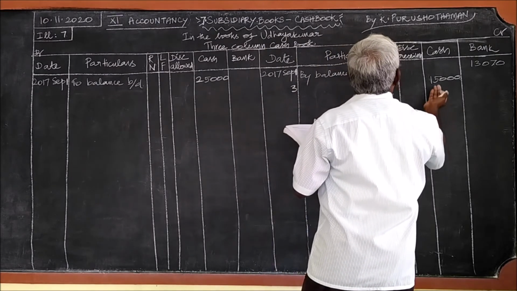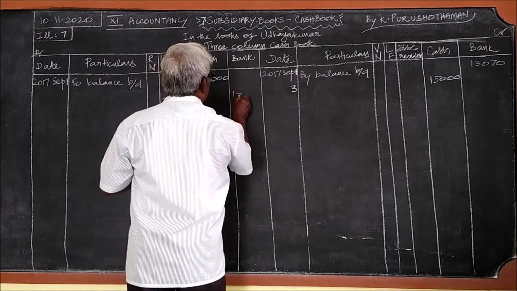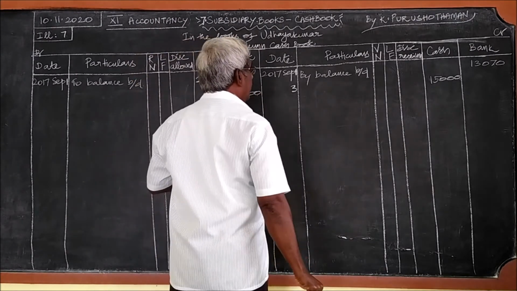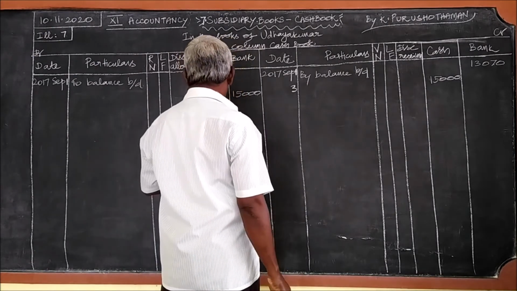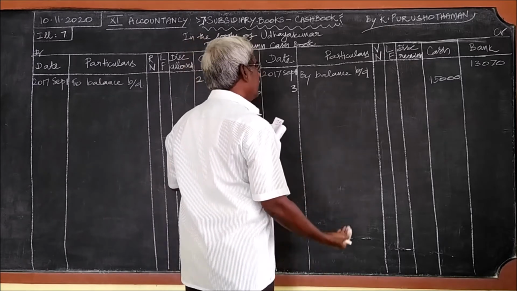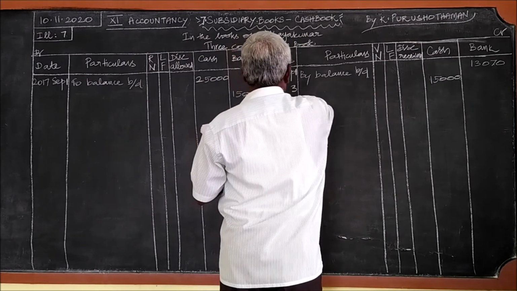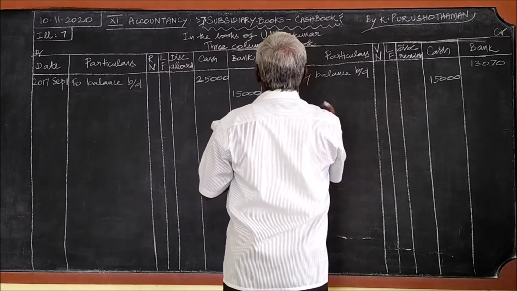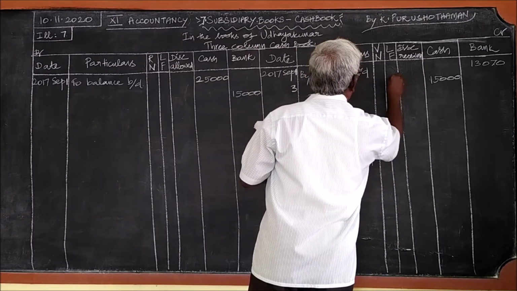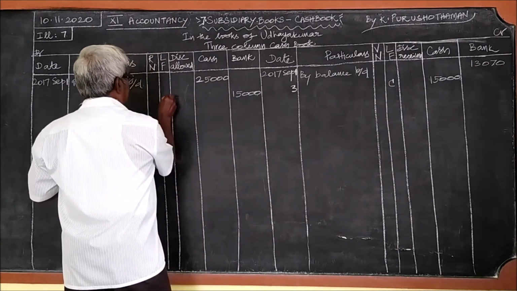So this cash goes out and it comes into the bank. When cash is paid into bank, from the business cash goes out and it comes into the bank. Very careful. On both sides we pass entries, therefore this is an opposite entry, meaning contra. This is a contra entry.